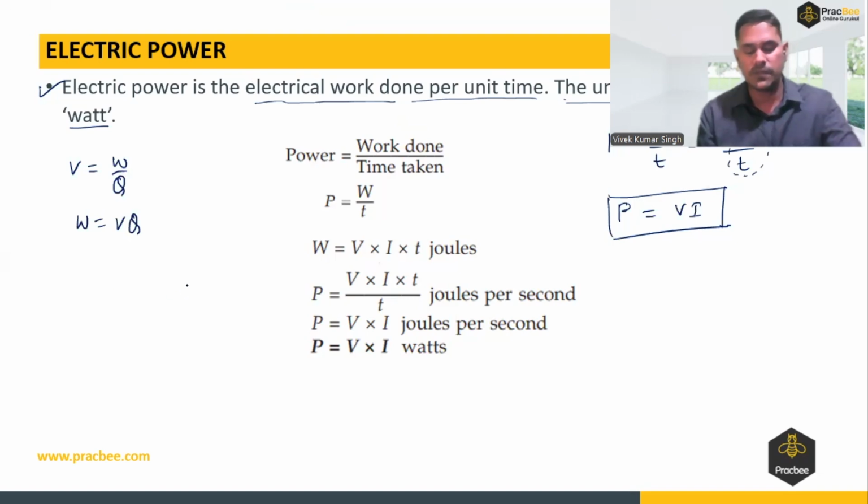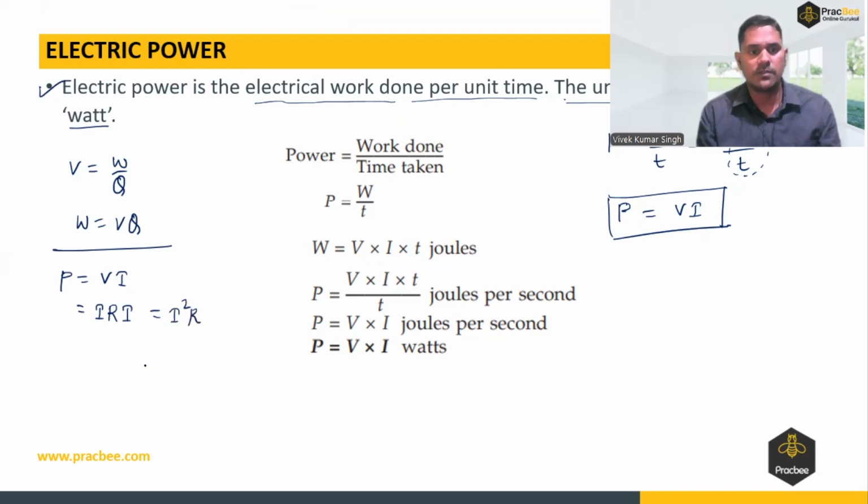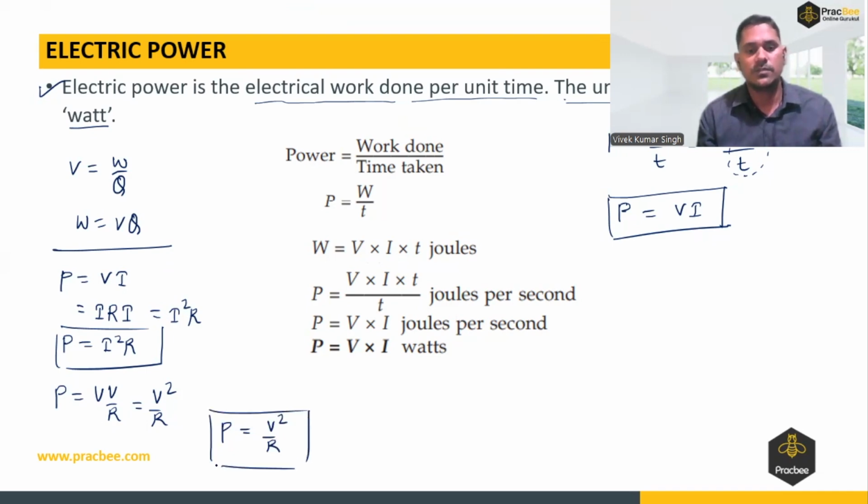And this can also be simplified in two ways. Power is equal to V into I. If we put the value of V equal to IR, then IR multiplied by I is equal to I square R. So power can also be calculated by the equation I square R. And the second equation: P is equal to V into I, with I equal to V over R, so we get V square upon R. So the next formula is P is equal to V square upon R. In parallel combination, the voltage remains constant, so we can apply this equation for finding the power.